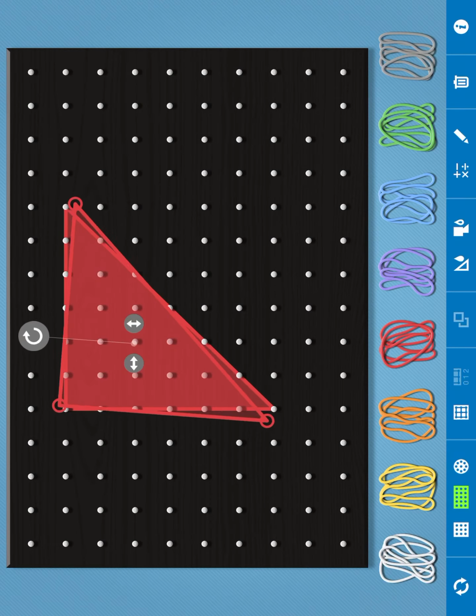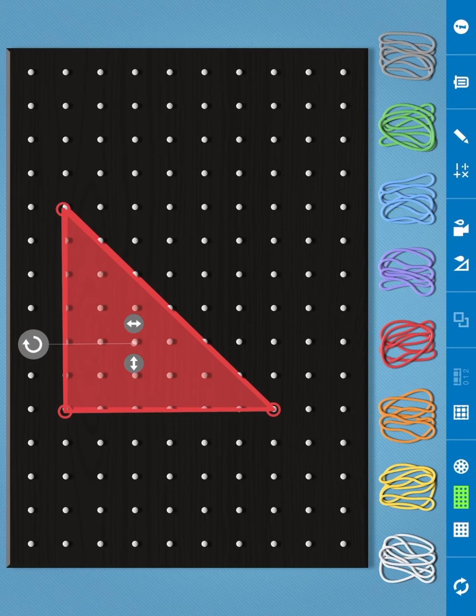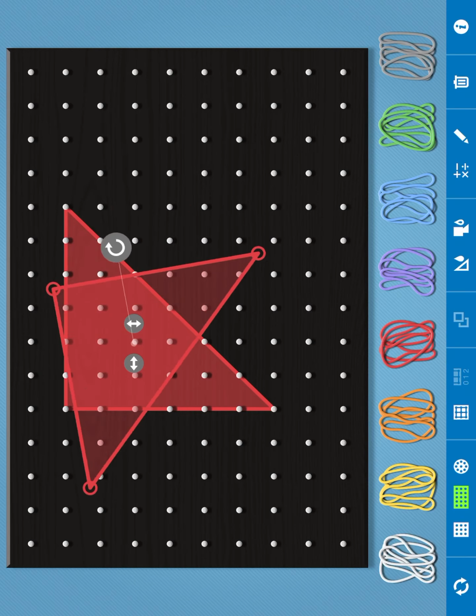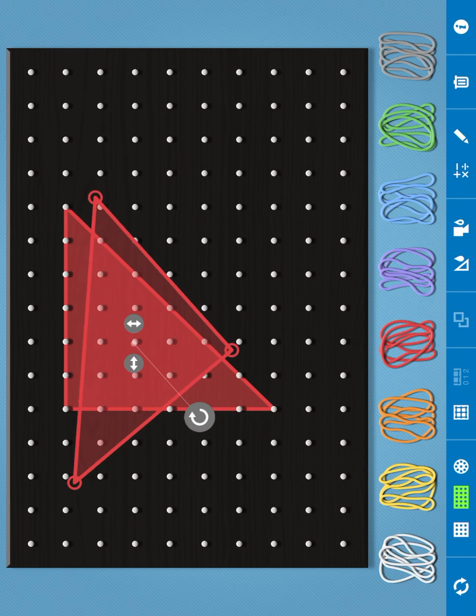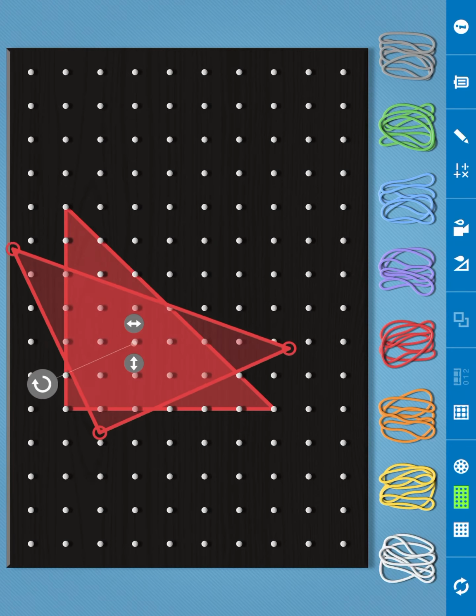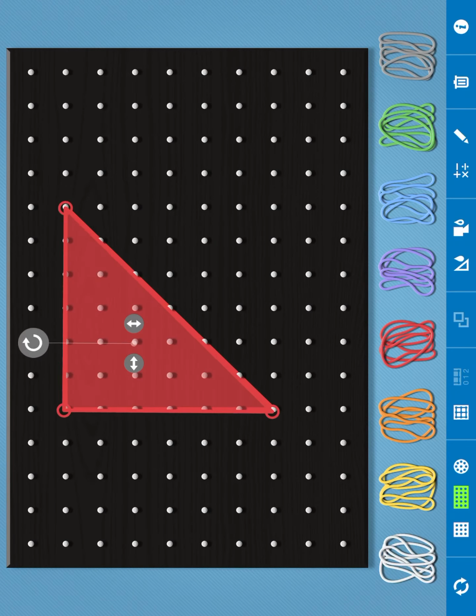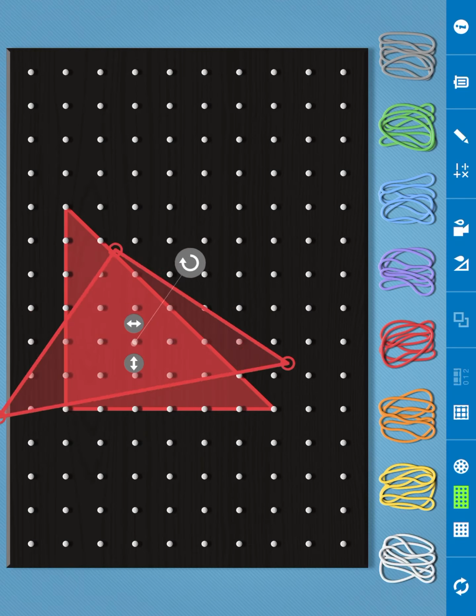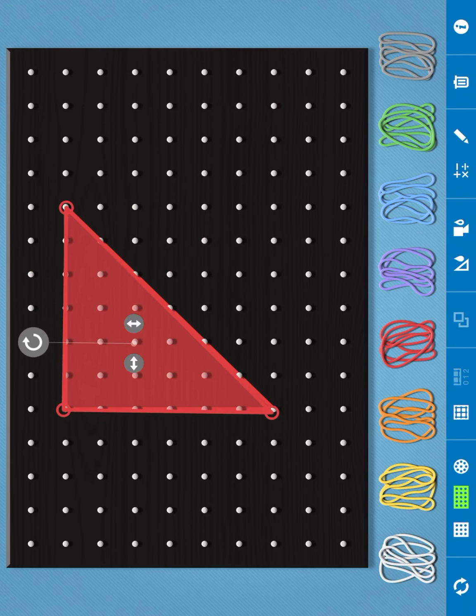If I rotate it 360 degrees, going all the way around, nice and slowly, we've got to think, when does this shape go back to its original position? How many times through the 360 rotation? It's not looking the same, still not looking the same, and it only looks the same when I get back to the original position, full 360 degrees. So that means it has order of rotation 1. It only looks the same once at the end. And because it's only once, it has no rotational symmetry.